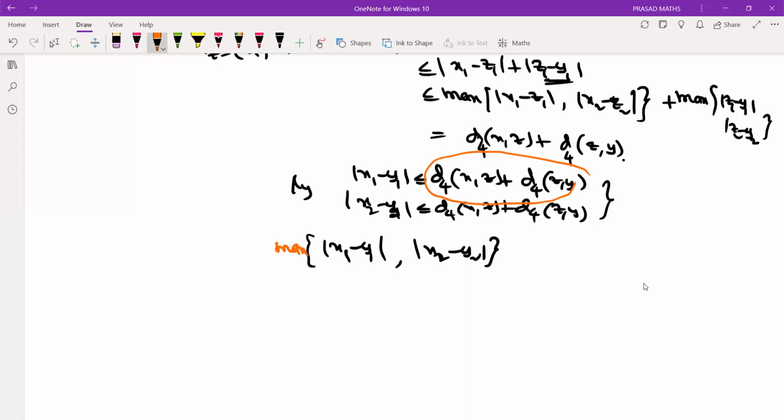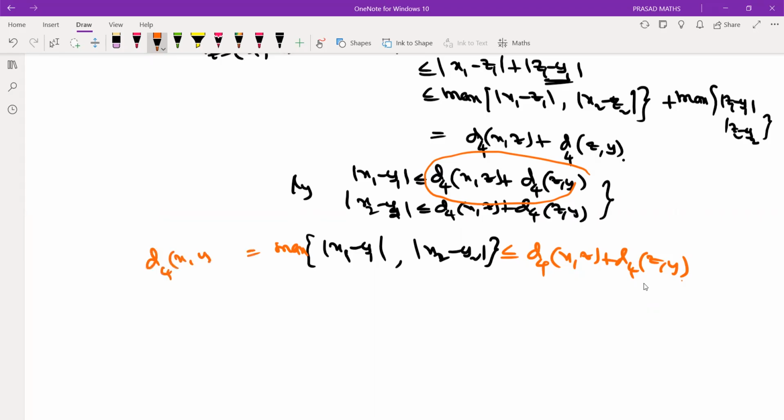Therefore, this maximum is always less than or equal to this. Is it clear? This is an upper bound over there. Finite set is compact. Therefore, automatically it has a maximum. But what is this exactly?